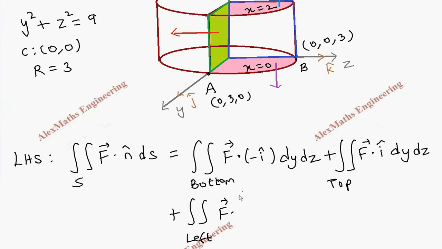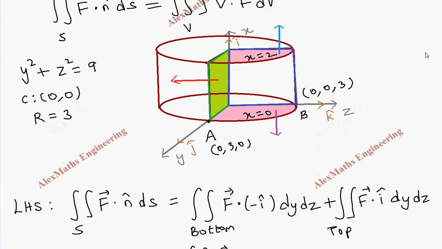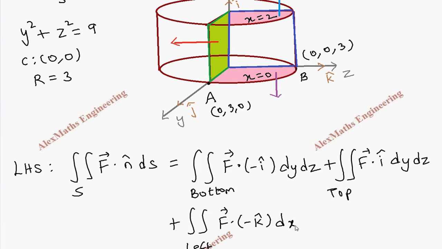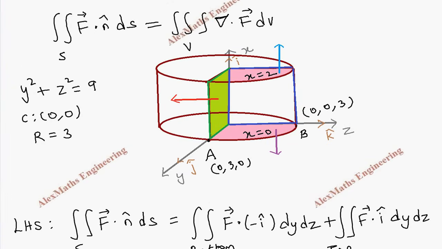So we take this as minus k cap, and this is having a dimension y and x. So dx dy, and in the same way this backside surface, this surface will be having a n cap projecting in opposite to that of j direction, because it has to go away from the surface and it is opposite to that of j.